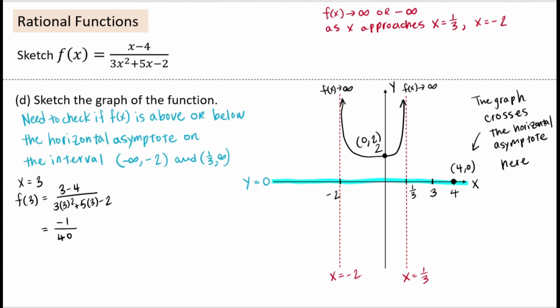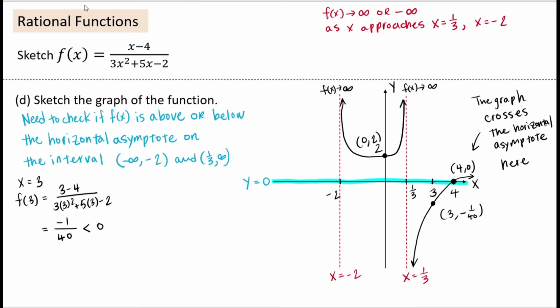So when x is equal to 3, the graph is below the horizontal asymptote. As x approaches 1 over 3 from the right, the graph approaches negative infinity. As x approaches infinity, the graph approaches the horizontal asymptote, which is y is equal to 0.